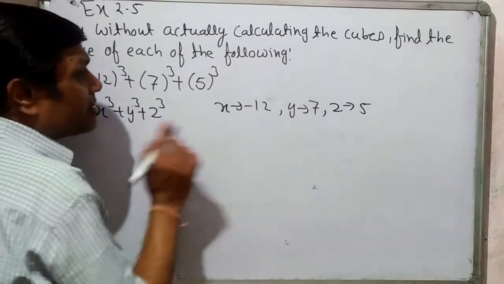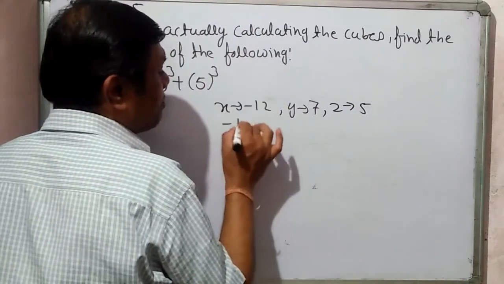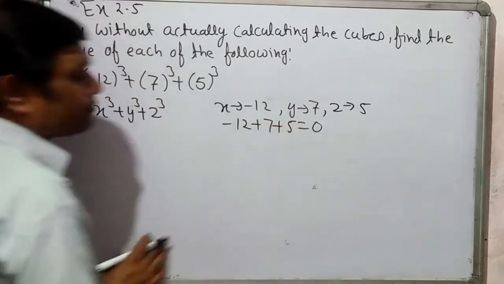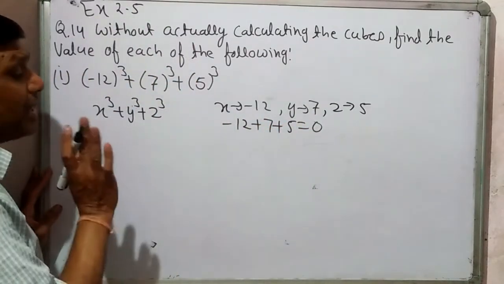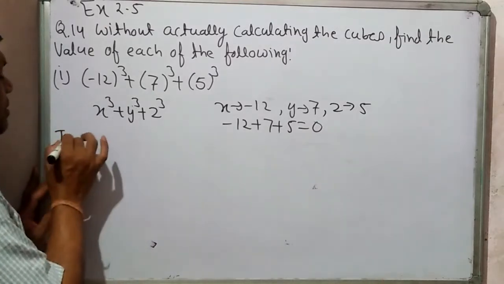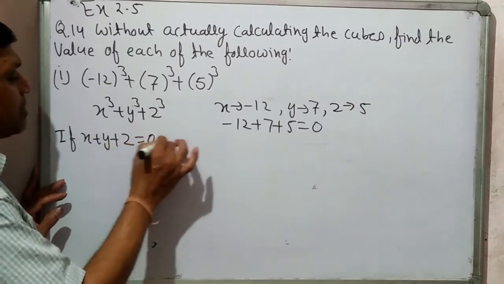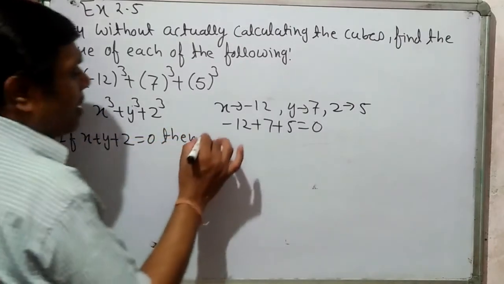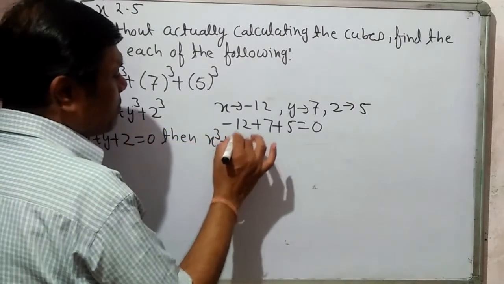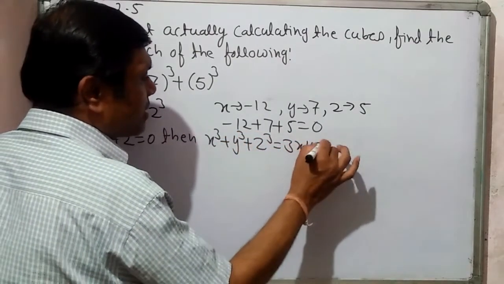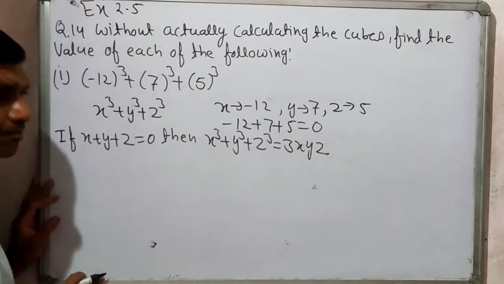If we find their sum, minus 12 plus 7 plus 5 is 0. That means we have to use the result: if x plus y plus z is 0, then x cube plus y cube plus z cube is 3xyz. We have derived it.